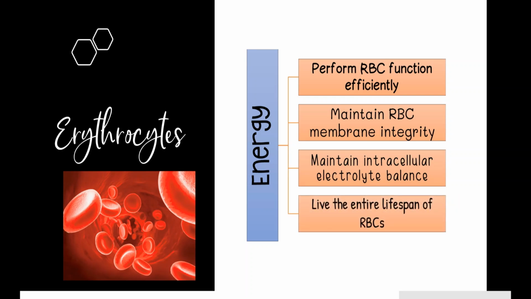And lastly, the energy generated will allow the RBC to live its entire lifespan, which is around 90 to 120 days. When the RBC is depleted of energy, of course, it will lose its function, it will lose its viability, and the RBC is subjected to premature rupture. Okay? So please remember that.